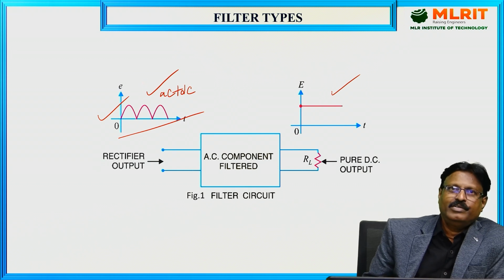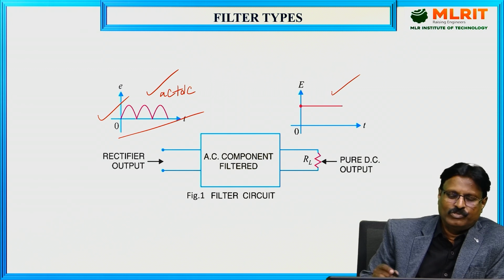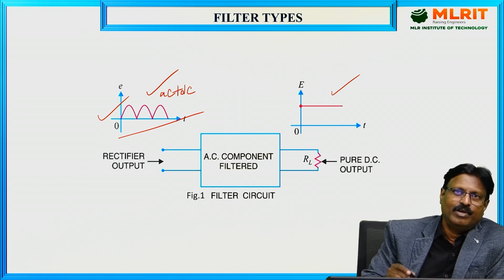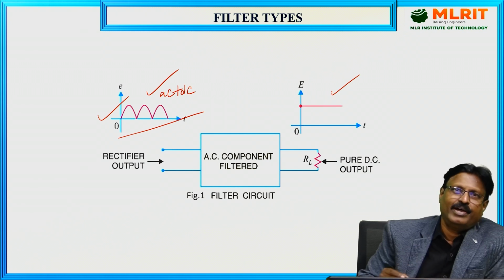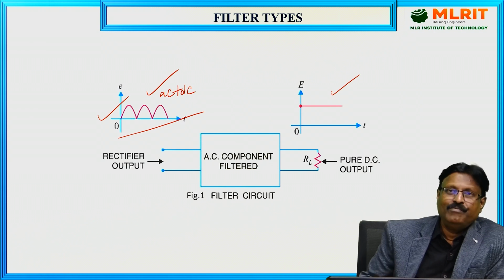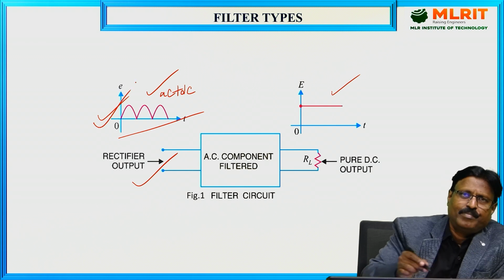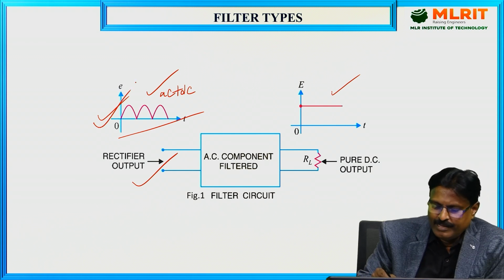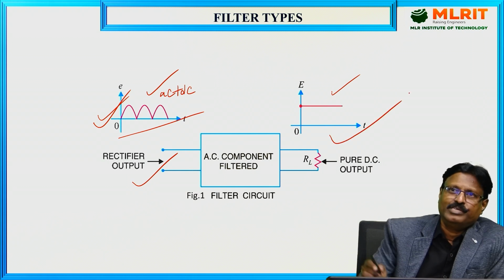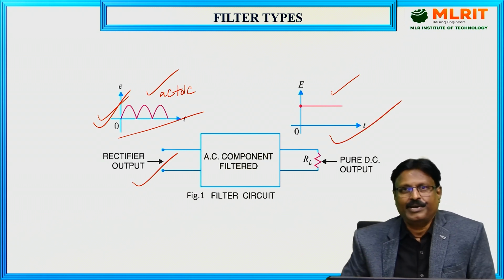These AC components, in other words, we can call ripples. So the input to the filter is always a rectifier output like this, a pulsating DC, and the filter output must look like a pure DC. So this is about the filter.